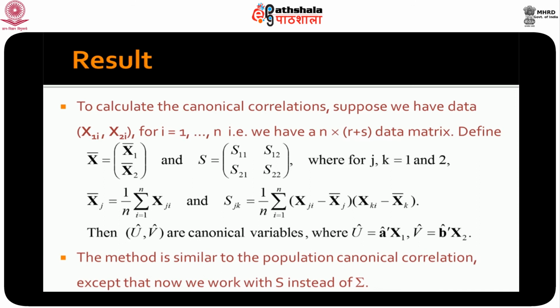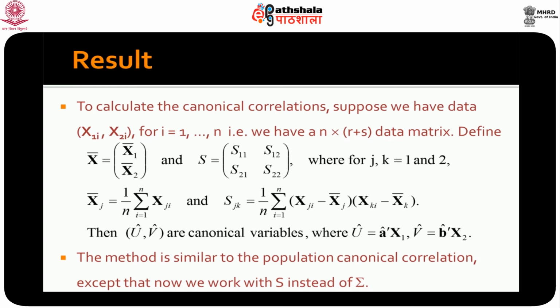We can also calculate the sample covariance matrix as S, which is S11, S12, S21 and S22, where the S are the usual variance covariances obtained from the samples. And then we have the linear combinations u hat equal to a hat prime x1 and v hat equal to b hat prime x2, and we find the canonical correlation by finding the correlation between u hat and v hat, and the results follow as before.